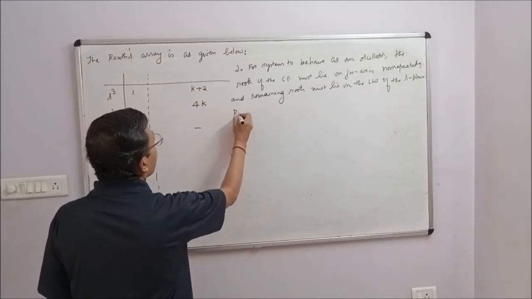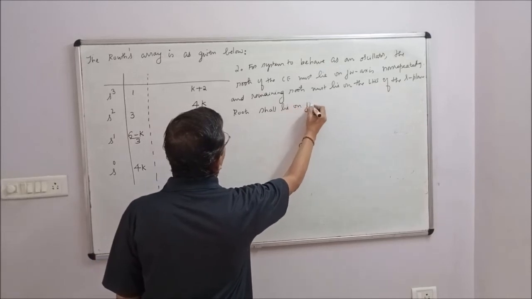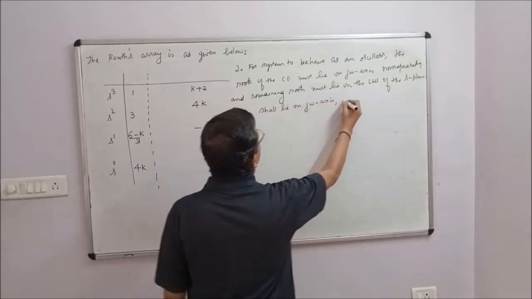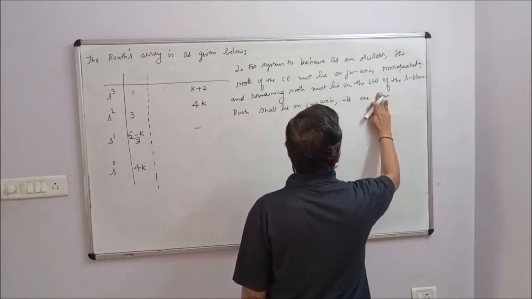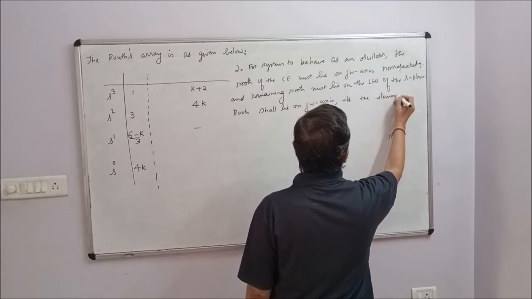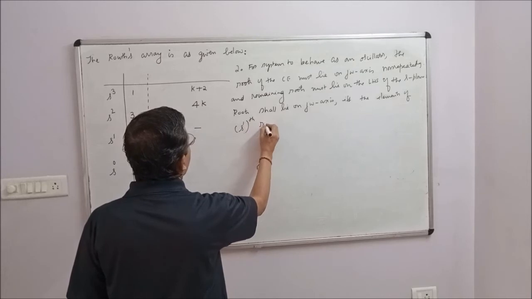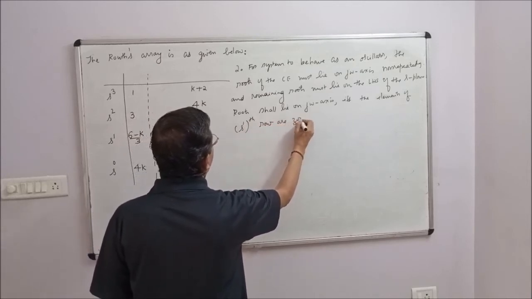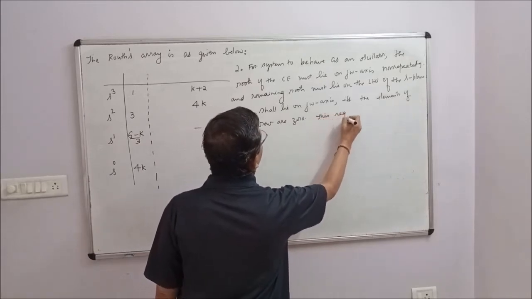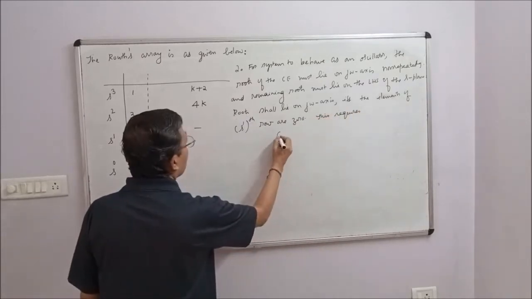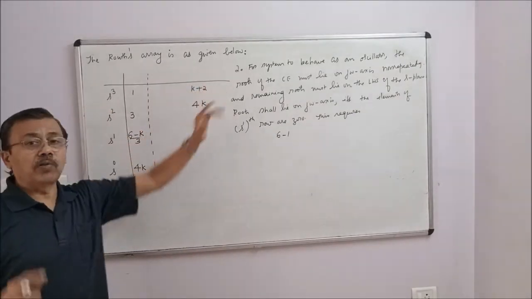Roots shall lie on the j omega axis if and only if the elements of the s to the power 1 row are 0. See, the elements of any odd power row must be 0.